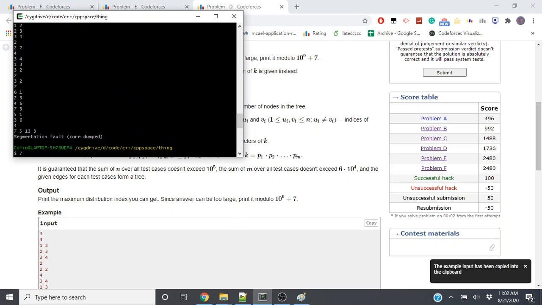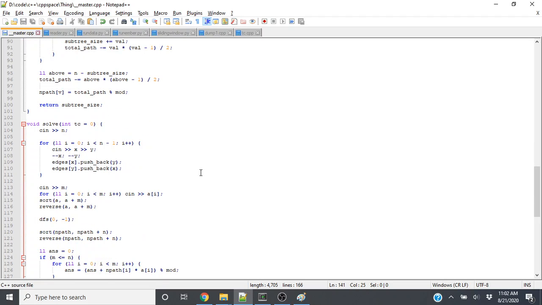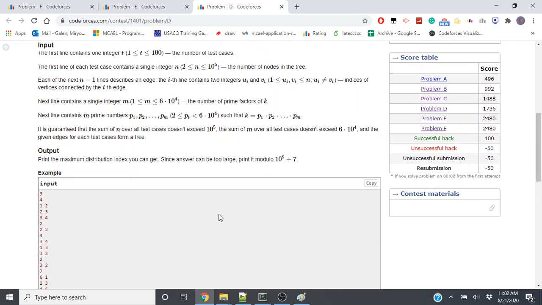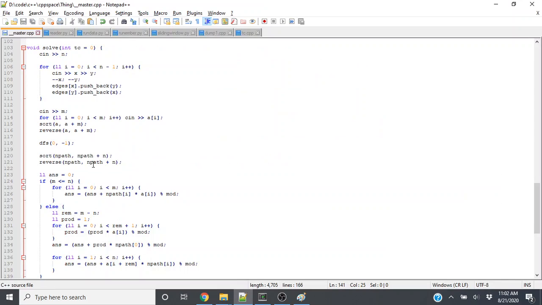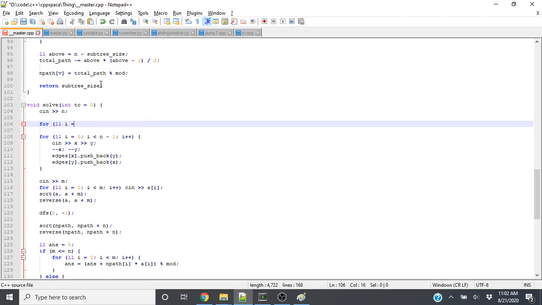And it crashes. Damn it. Okay. What are we doing wrong here? First of all, we do have multi-tests.